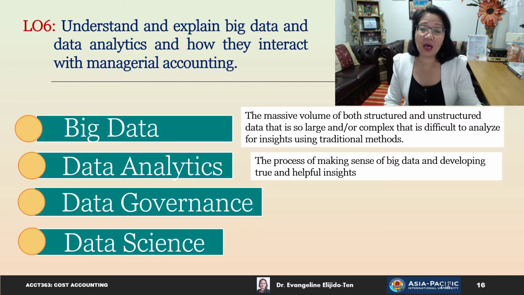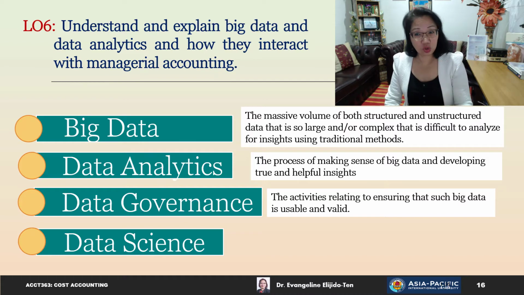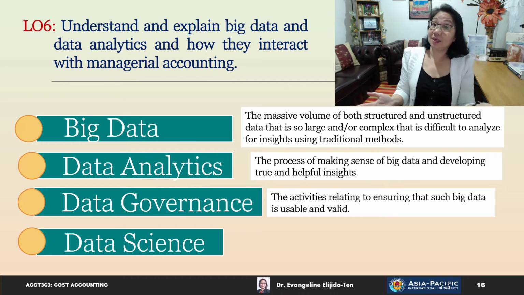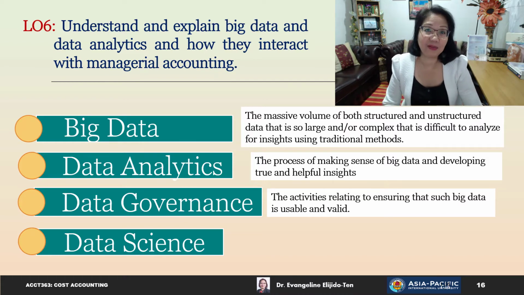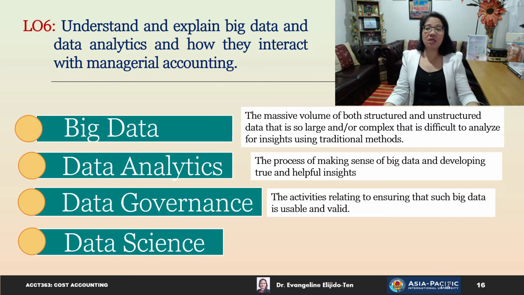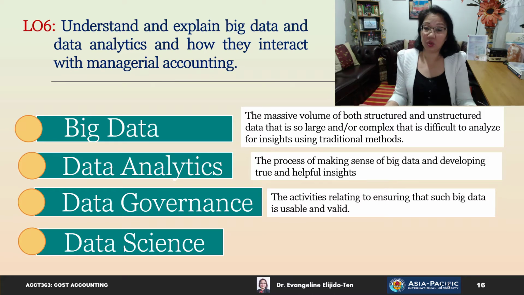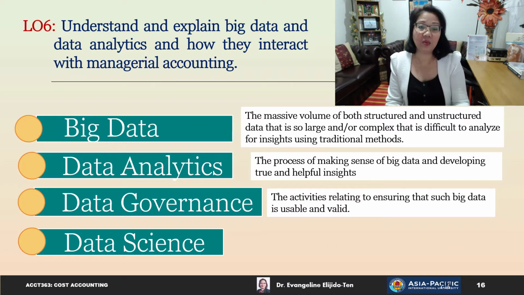What about data governance? This relates to activities to ensure that such big data is usable and valid. So data governance would include such things as storing the data in a place whereby you can easily access it when you need to do your analytics, and ensuring that data is not corrupted so that it is usable and valid whenever you're doing your analysis of the data.